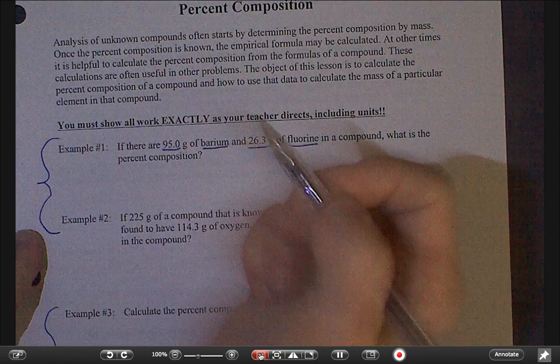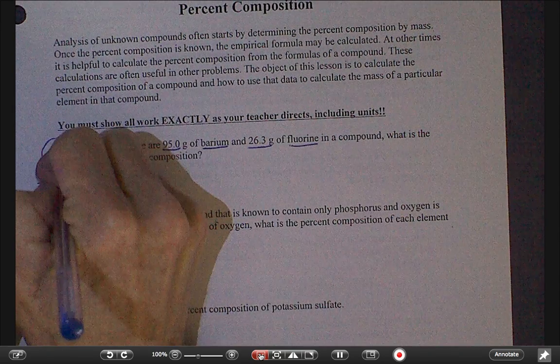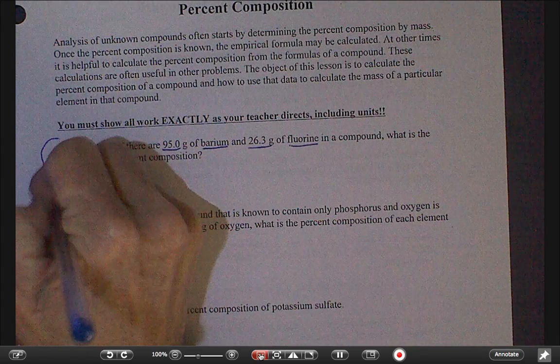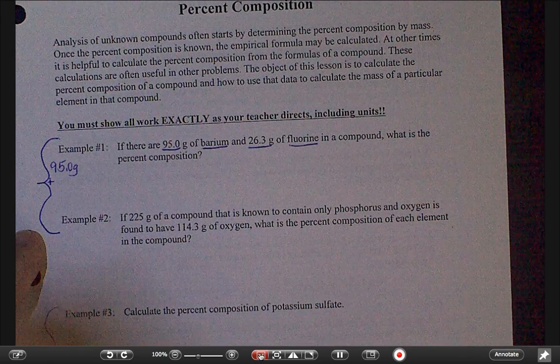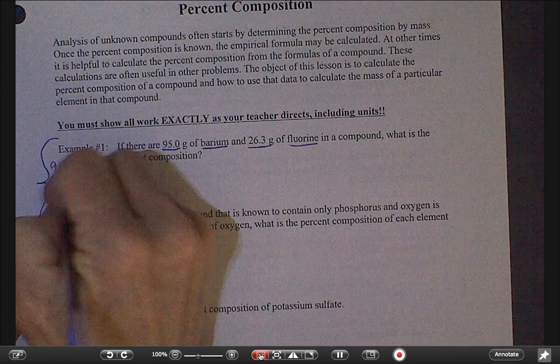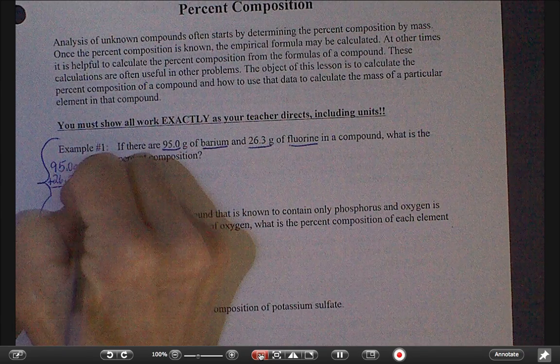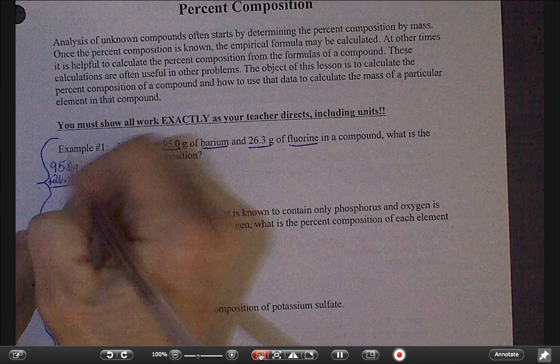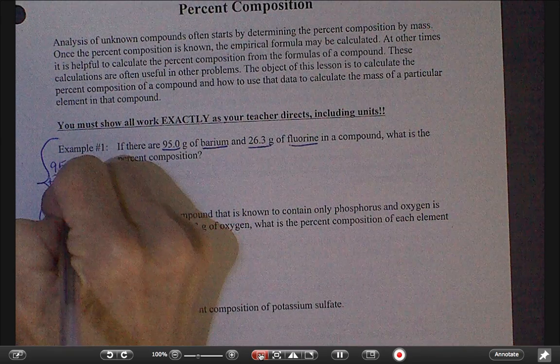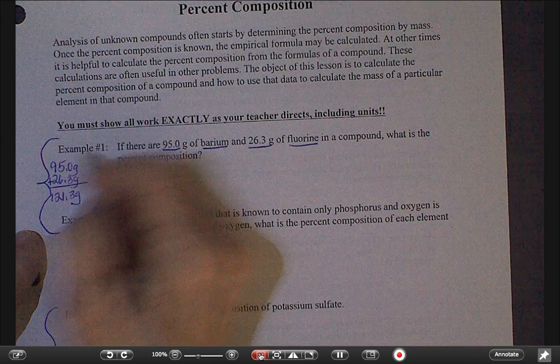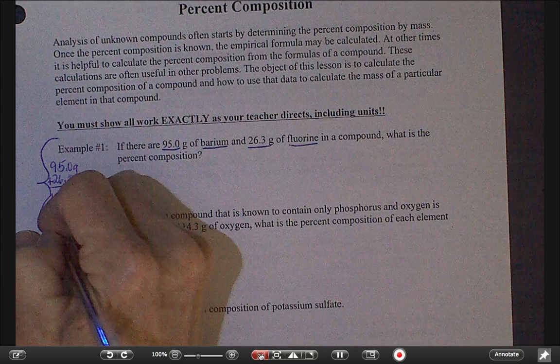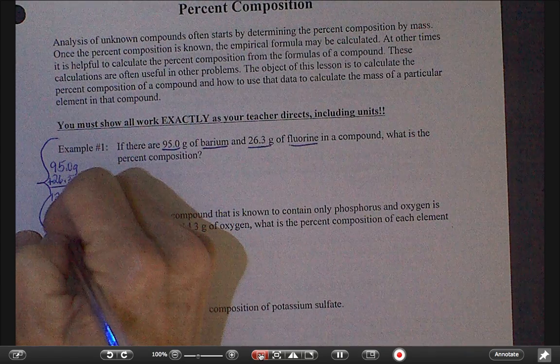We've got 95.0 grams plus what? 26.3 grams. Very good. Now, what did we just find? The total mass of the compound. Yes.